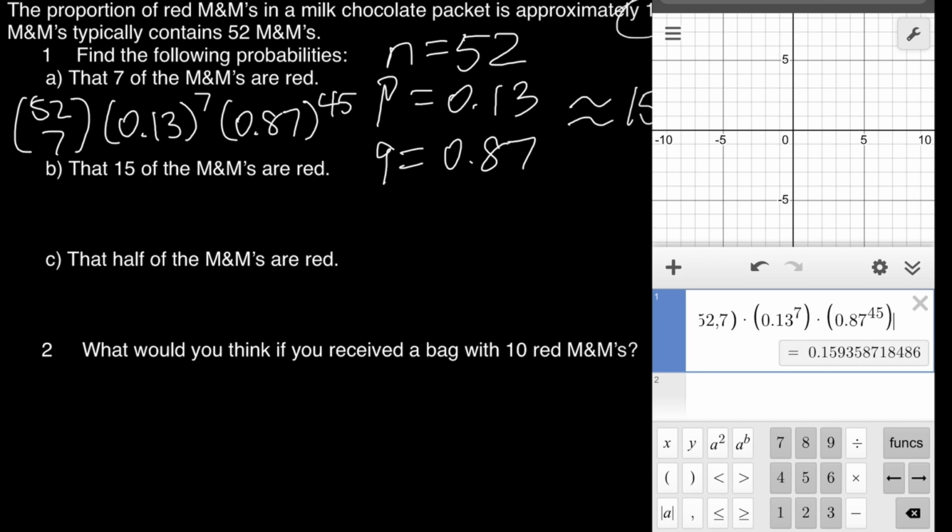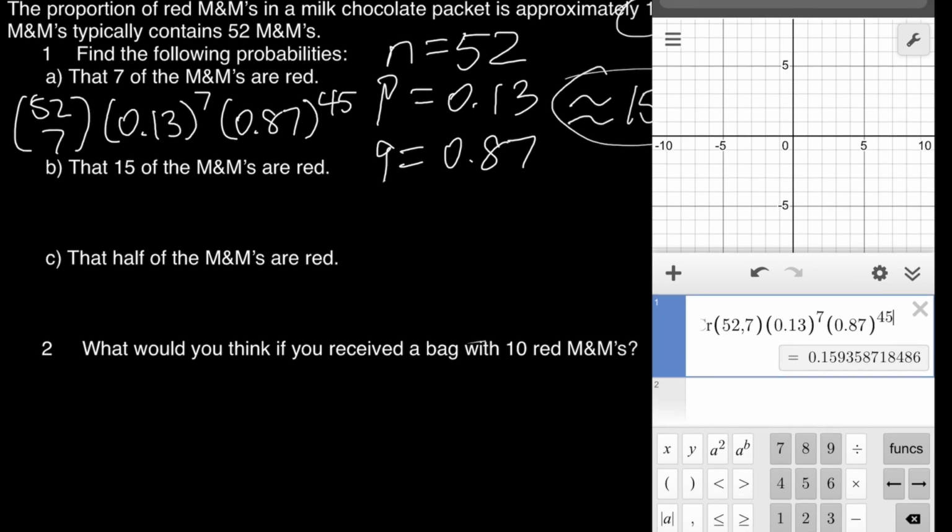Now, 15 of the M&Ms are red. For part B, it's basically the same concept as part A, except for changing up some numbers. We're still a 52 pack of M&Ms, but we are now choosing 15 because we want 15 of the M&Ms to be red. Again, 0.13, the chance of success, the chance of getting red M&Ms, to the 15th power.